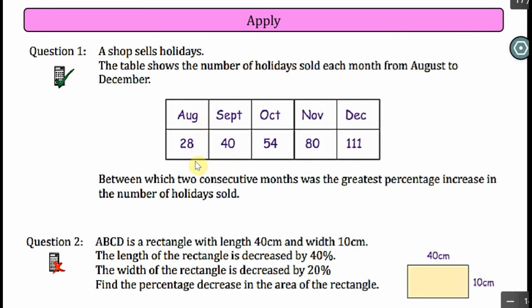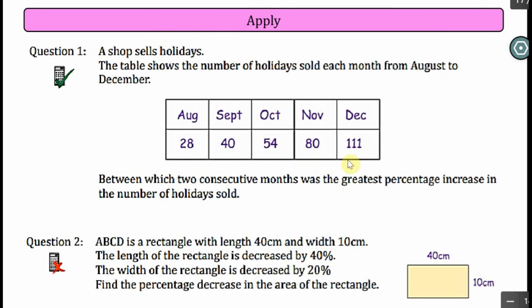So between which of these has the percentage gone up the most? Now if we were to use the first method I showed you in the last video, which is about finding how much it's actually gone up by, so in this case it would be 12, it's gone up by 12 holidays, you might think that maybe just finding the biggest increase, so this one has gone up by 14 and then 26 and then 31.